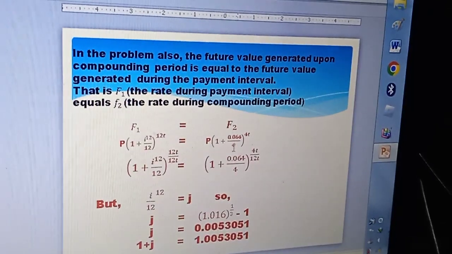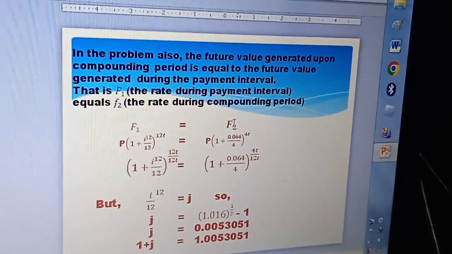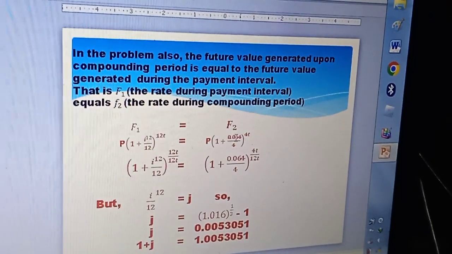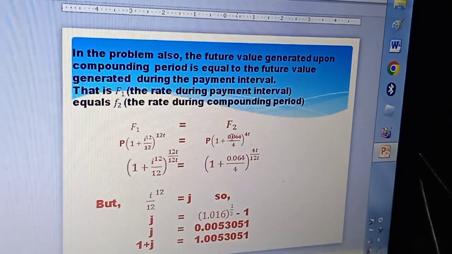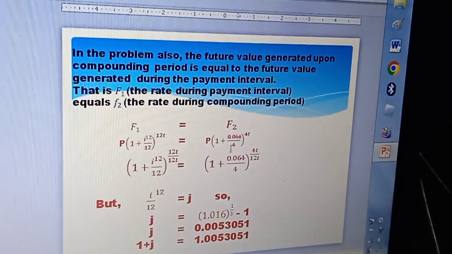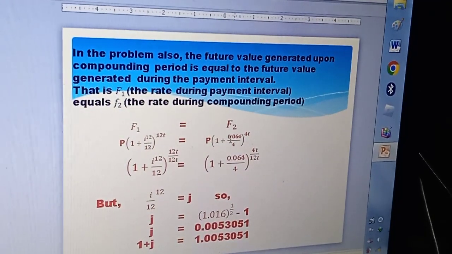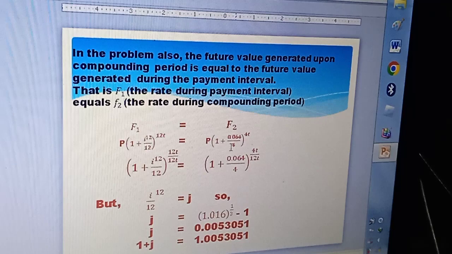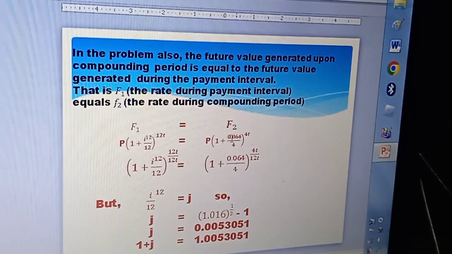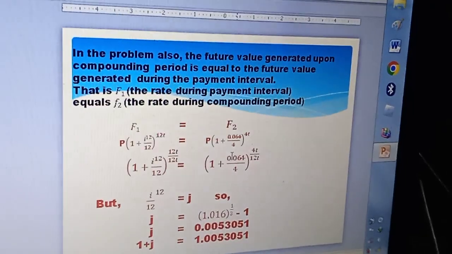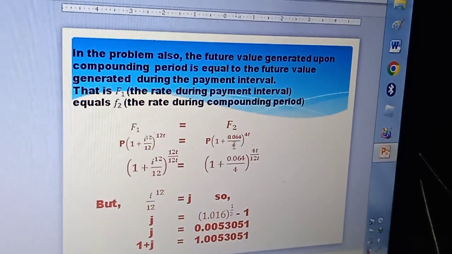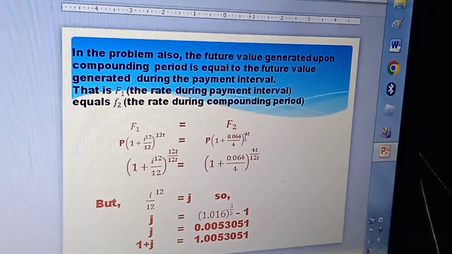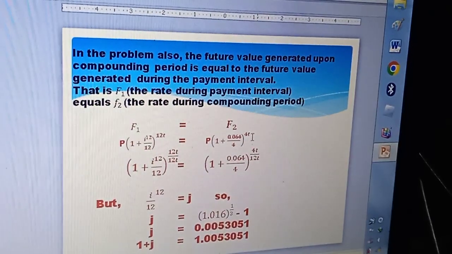And this one, the future value during the compounding period, you have the given nominal rate, which is 6.4% or 0.064 in decimal. Since quarterly, that is over 4, and raised to 4t.